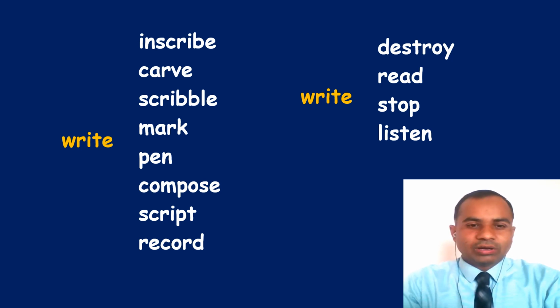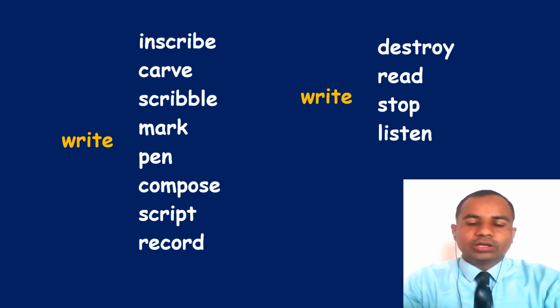To pen down something, to mark on the paper are similar words like write. But when you think of compose, composing is some serious kind of writing, maybe composing a poem or novel or short story, composing a drama or even composing music. So some creative kind of thing is composing, and then we have scripting and recording the things.